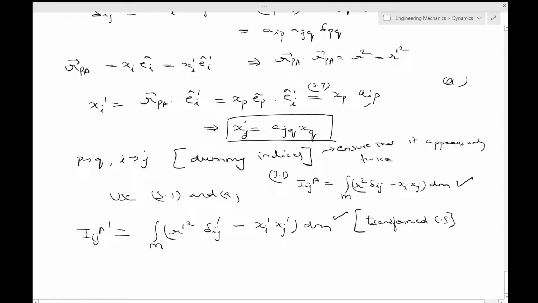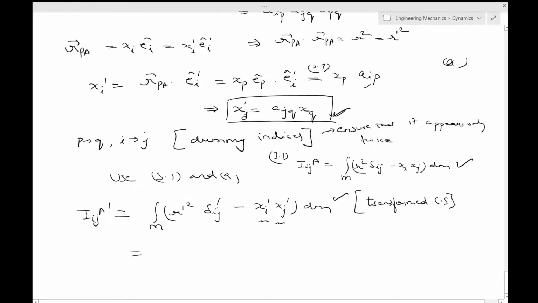For this it's quite easy. What you have to do is write this using this. Let me help you do that. First thing is r dash will be equal to r.